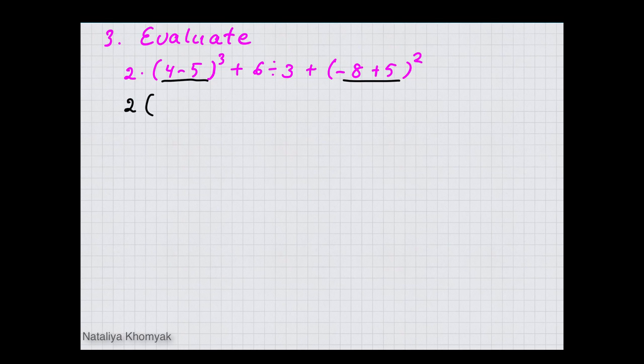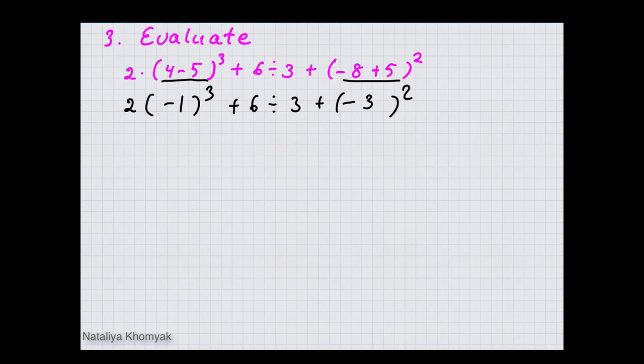So we have 2 times 4 minus 5, negative 1, plus 6 divided by 3, plus negative 8 plus 5, different signs. We're going to look for difference. We have more negatives, so the difference will be negative. 8 minus 5, we have 3.